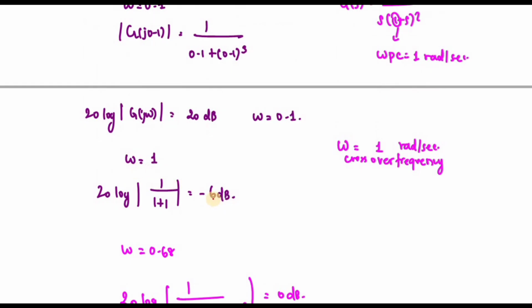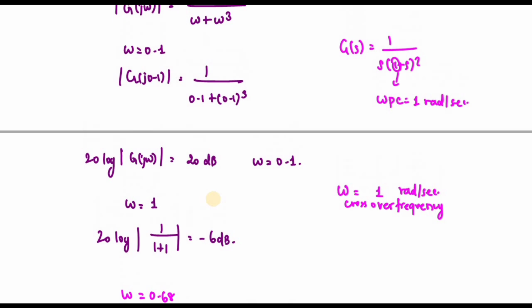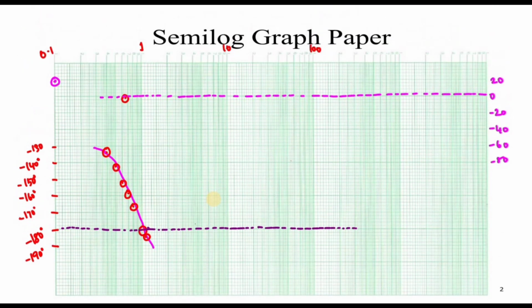At omega equal to 1, it is minus 6 dB. So let me plot this one. It is approximately here, minus 6 dB. So let me take this as minus 6 dB.